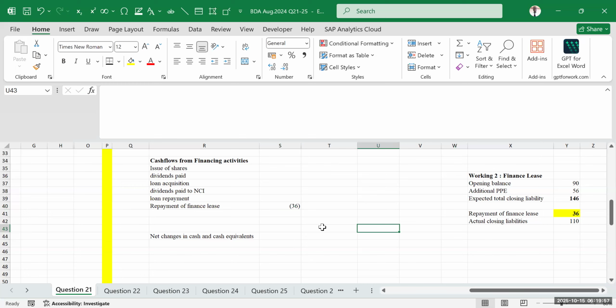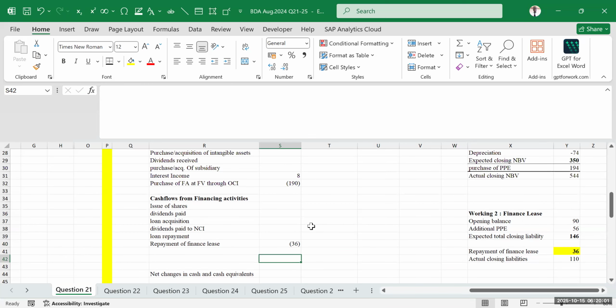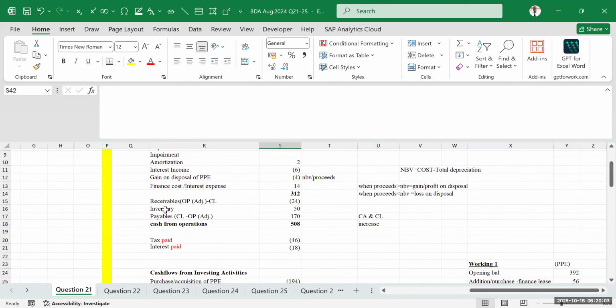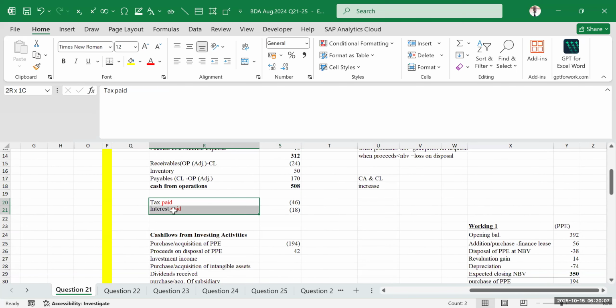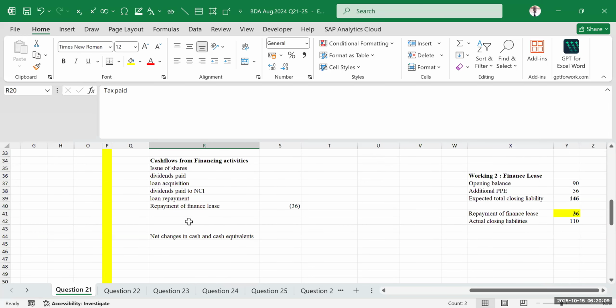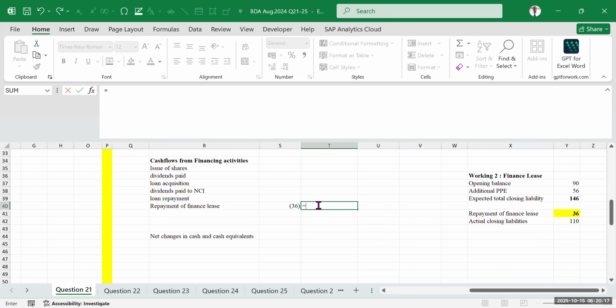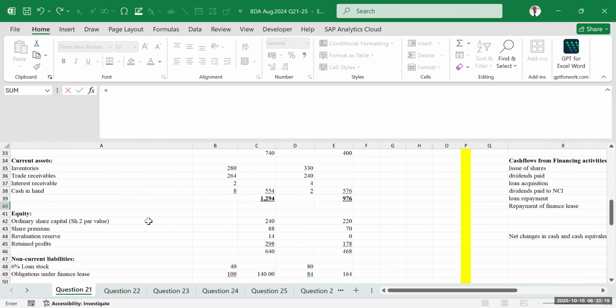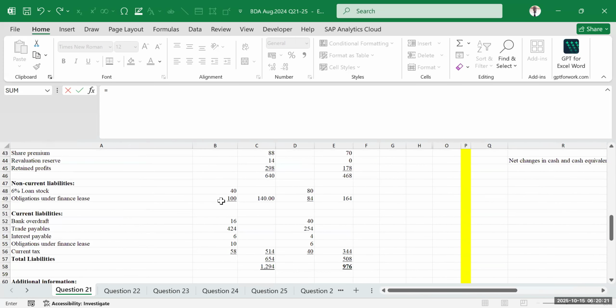Now, if you had decided to use the approach of liability, which I had given you before, when adjusting for working capital under payables, the same approach as in tax and interest paid, if you use the same approach here, it will still bring you the same value. I can do all that in one cell. I start with the closing balance. I pick it from the statement here, 100 plus this 10.